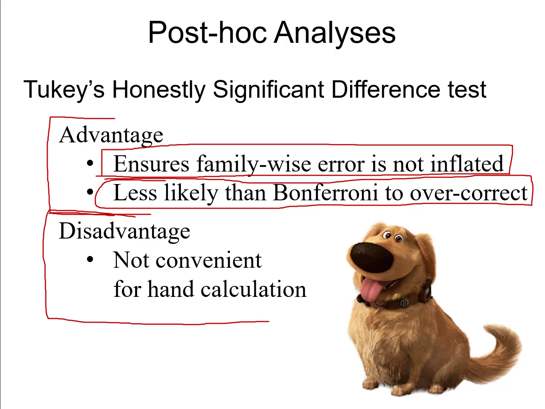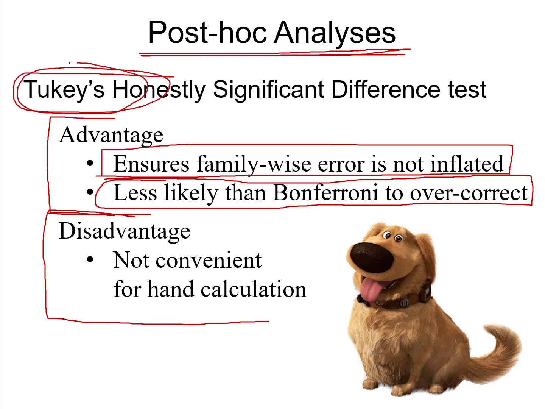But for most of our analyses, and in this class, whenever we're doing post-hoc analyses and we want to do all the possible comparisons and correct for family-wise error rate, the Tukey test will probably be the best way to go. So we'll use the Tukey test as the default procedure to protect against family-wise error rate when we're doing post-hoc analyses and making multiple contrasts.